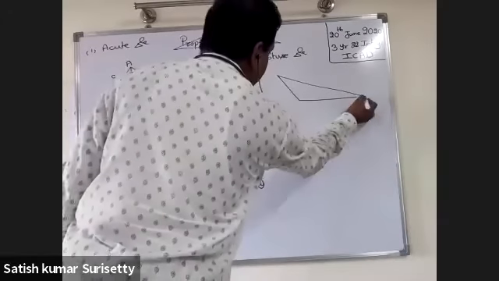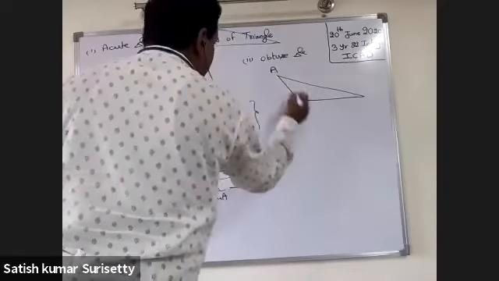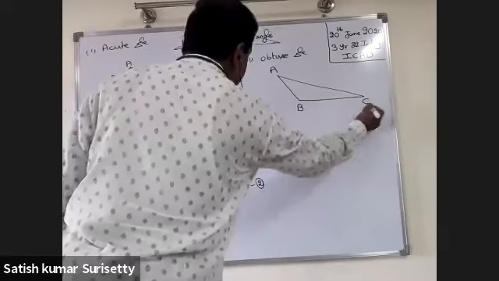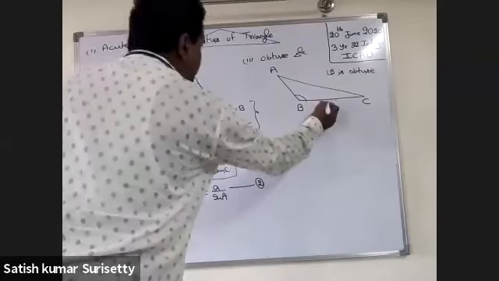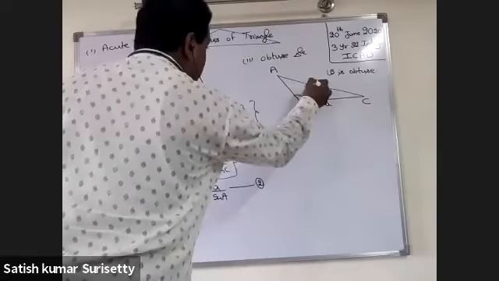So let us take triangle ABC such that angle B is obtuse. So this will be small a, small b, and small c.